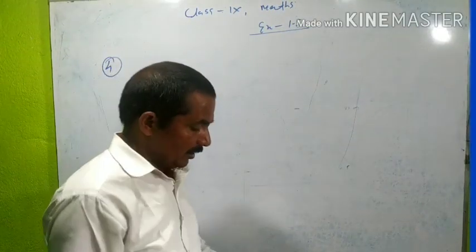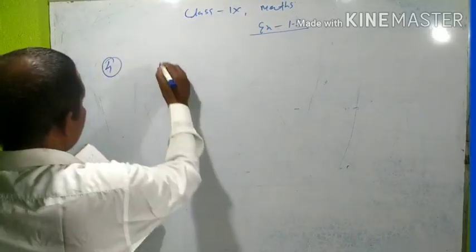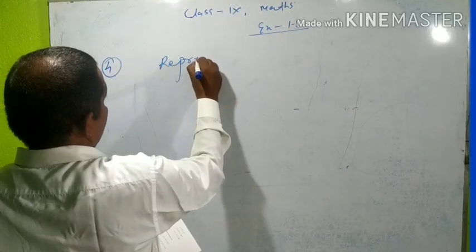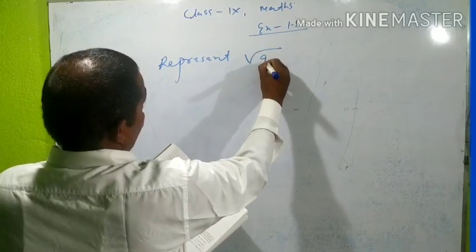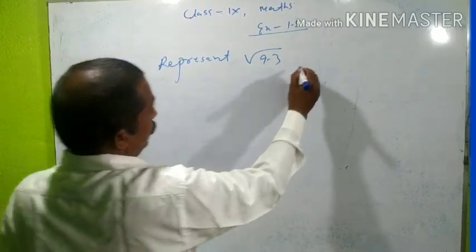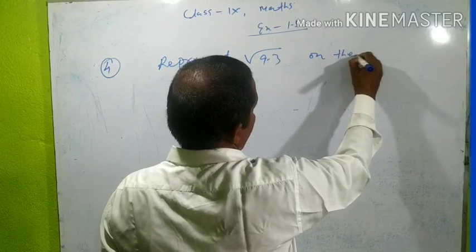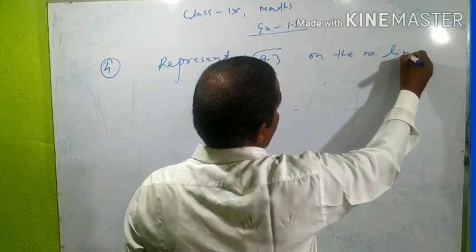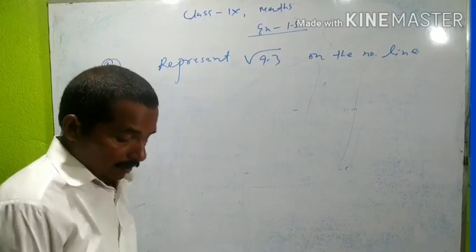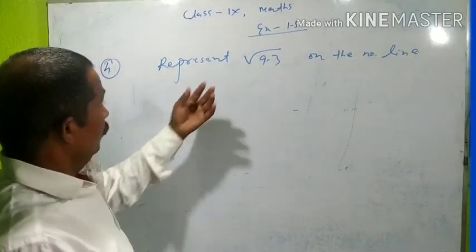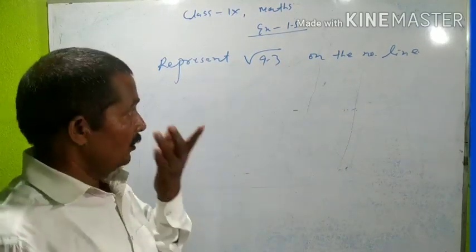Question number 4 is here. Represent it on the number line. Look here. How to show this number on the number line? Try to understand.